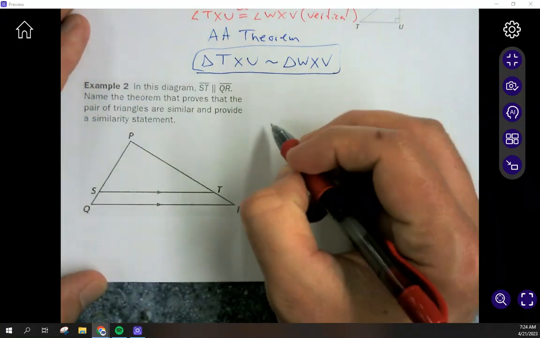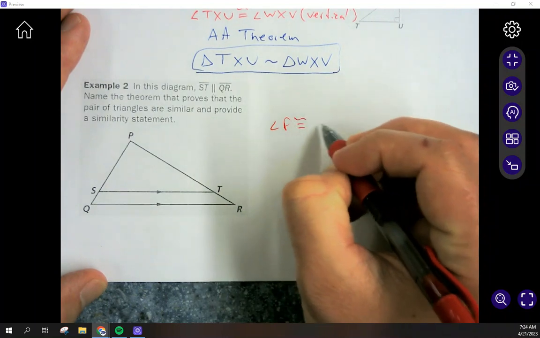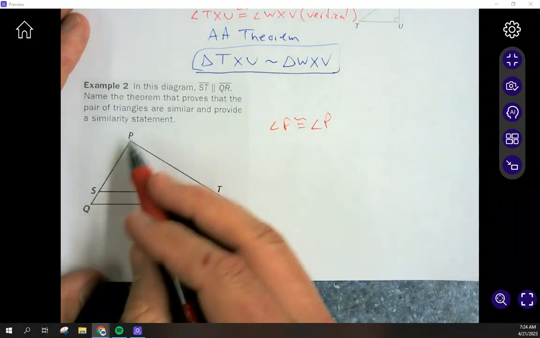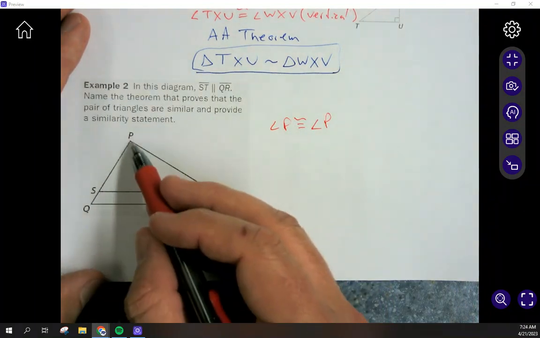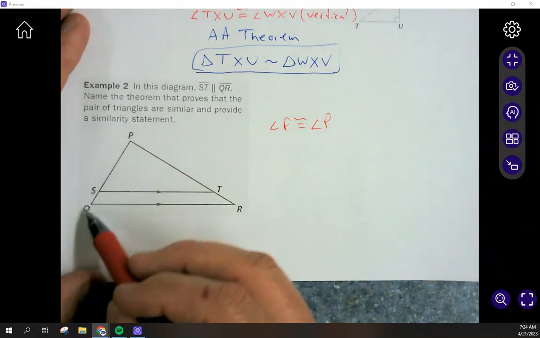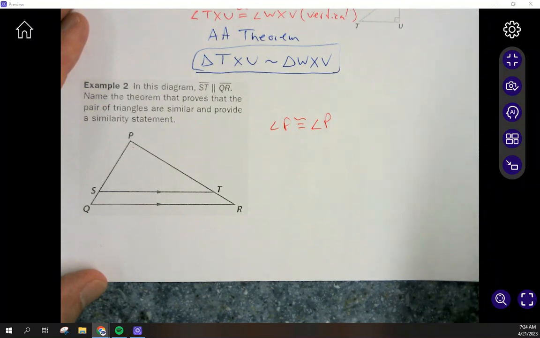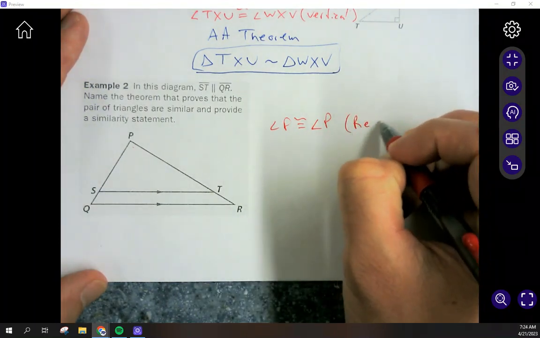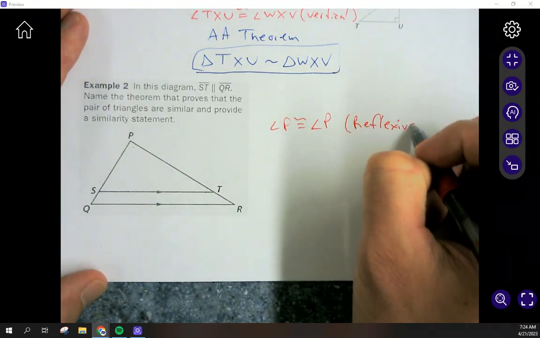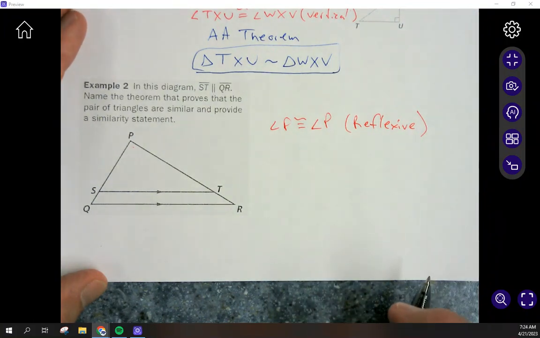They both share angle P, right? Angle P is in both triangles if you separated them. If you redrew triangle PST and the bigger triangle PQR, they both have that one. So that one's going to match. And just to remind you what that was called, that was the reflexive property, when you use the same angle in both of them.